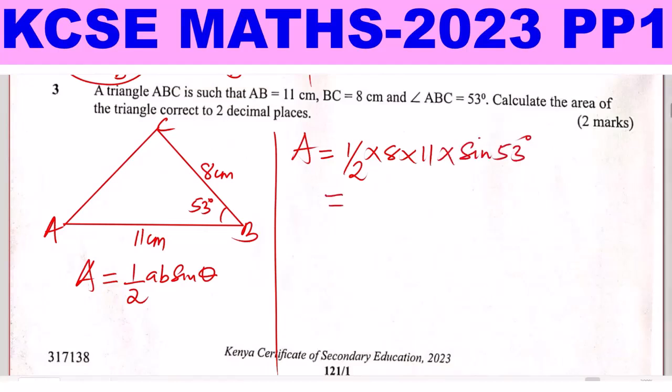So just use a calculator here. And you get, correct to 2 decimal places, 35.14 centimeters squared.